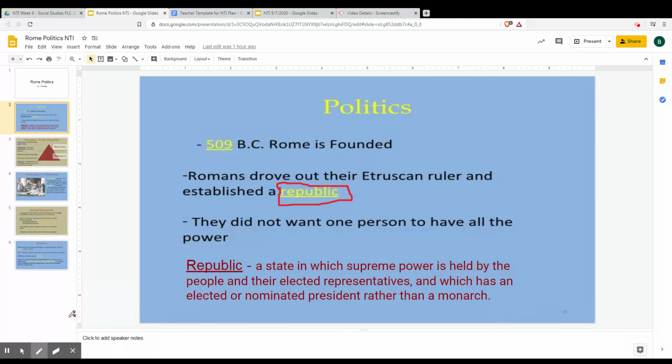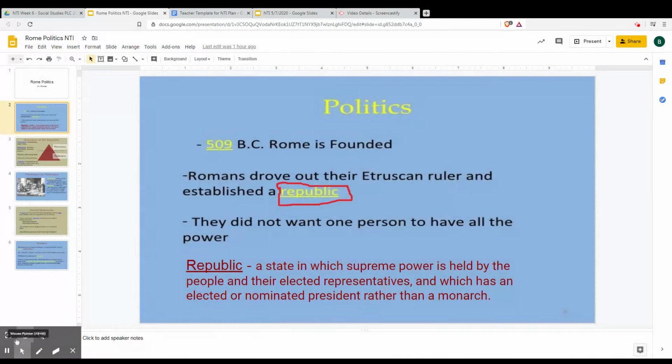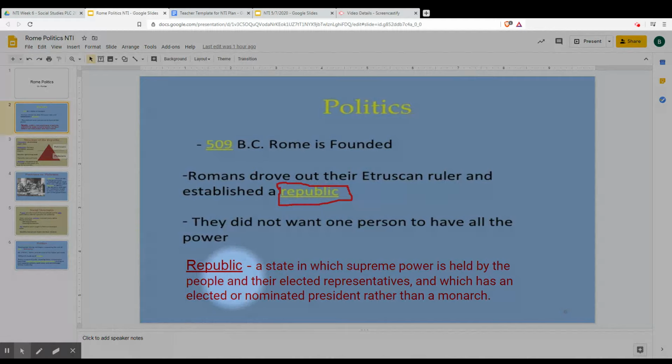Well, the reason why the Romans formed a republic is because they did not want one person to have all the power. So the Etruscans had kings, and the Romans thought this was a bad idea. So instead, they created a republic, which is a state in which supreme power is held by the people and their elected representatives, and which has an elected or nominated president rather than a monarch.